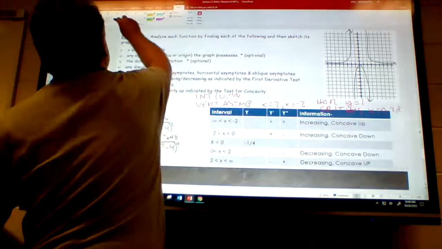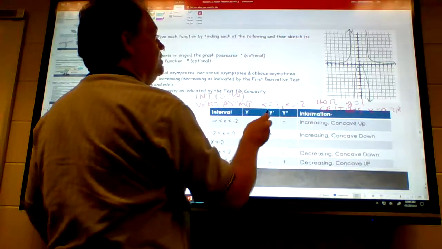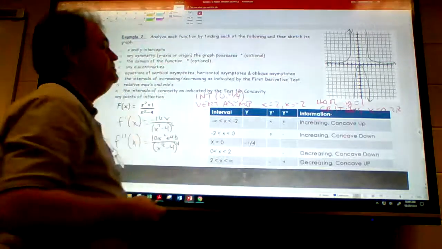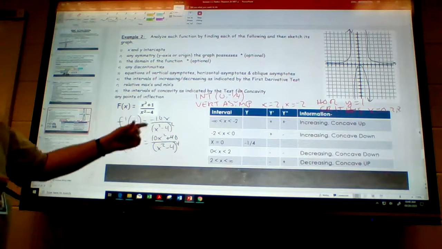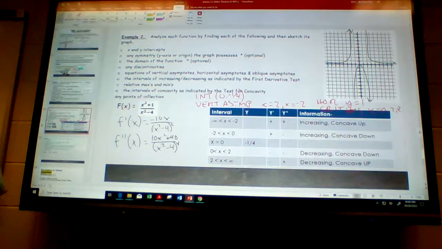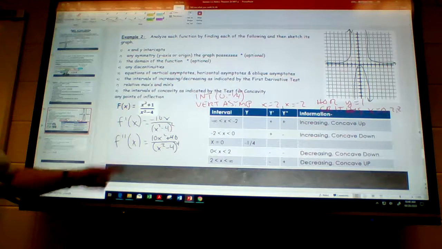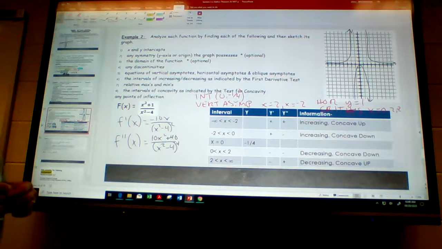And we got the vertical asymptotes are at -2 and +2. We got that from down here because if you factor that, it's going to be x plus 2, x minus 2. So those are vertical asymptotes. Now, the critical numbers when we do the first derivative test are going to be 0, 2, and -2. And then there's a horizontal asymptote at x equals 1.